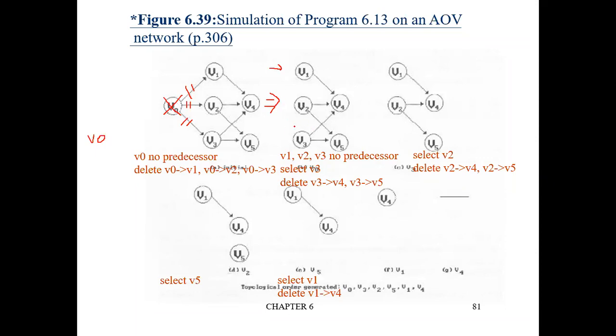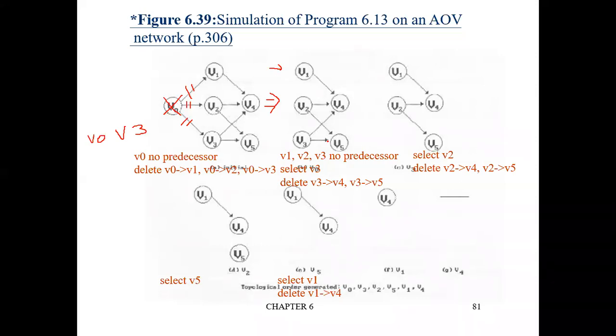Let us say we are picking V3. When I pick V3, it means I'm visiting V3, so let me display V3. After displaying V3, delete V3 and all the outgoing edges of V3. How many outgoing edges are there from V3?